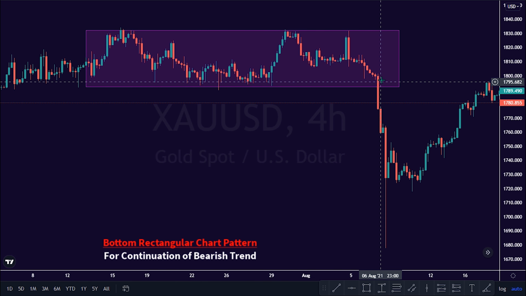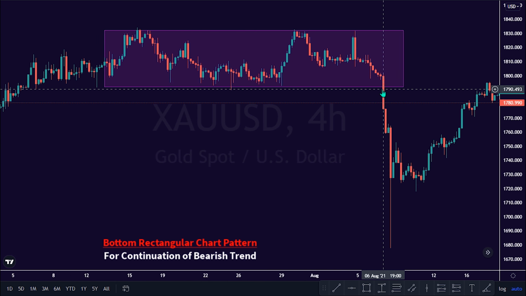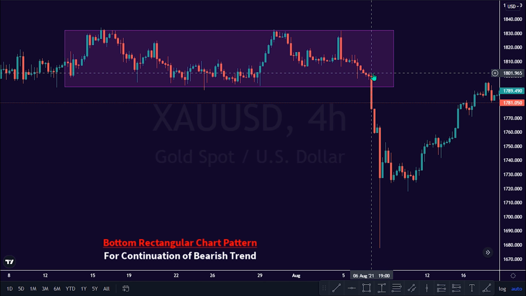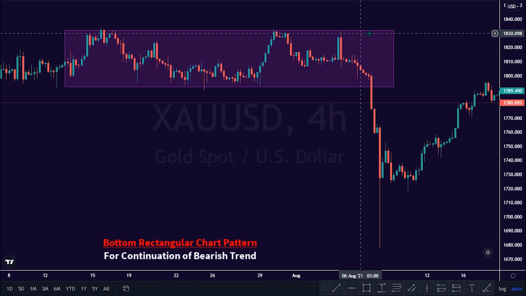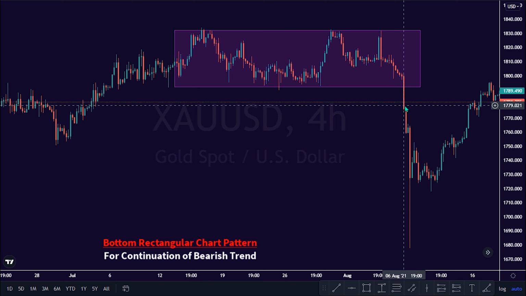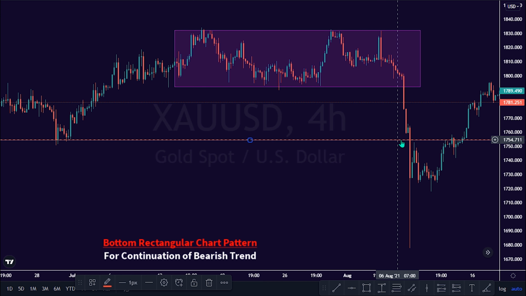As we can see in this rectangular chart pattern bearish breakout here, the bearish candlestick was a long one. Trading this long bearish candlestick would technically suggest our stop loss in this sell setup should be at the last high here. As we can see on the trading chart, the risk from the entry level here to the high here and to the next support structure here is too high.